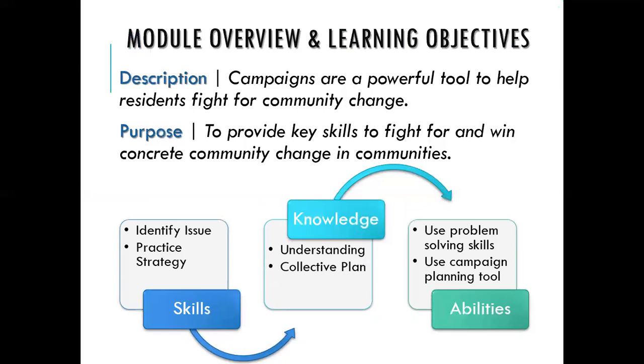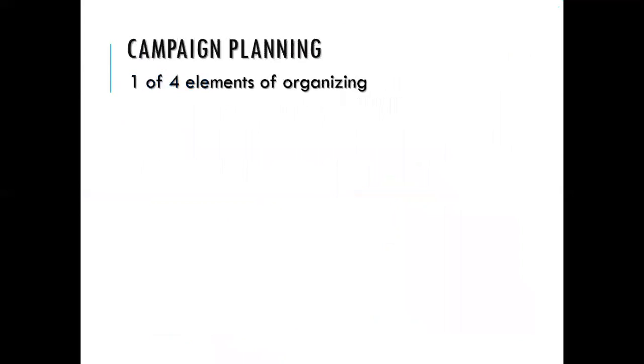And then using their problem-solving skills, their public speaking skills, their presentation skills to effectively create a winning campaign. There's a really great template that we'll talk about in a little bit. That's part of the abilities session here.